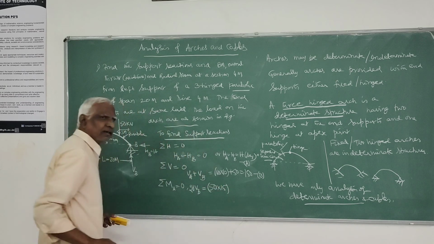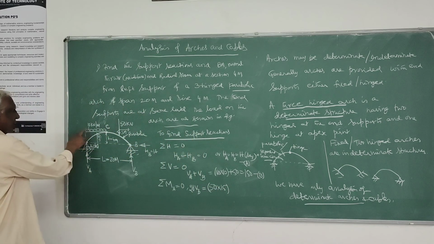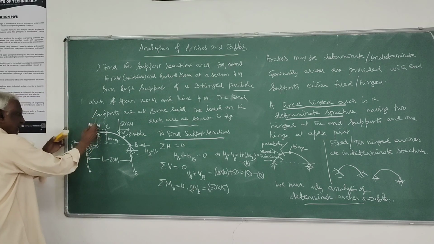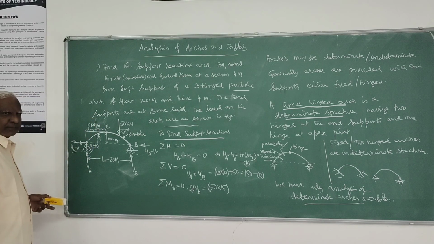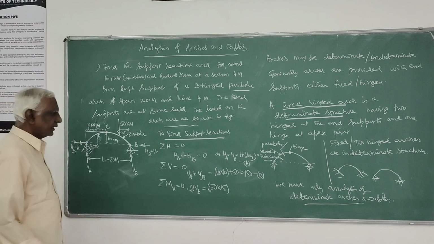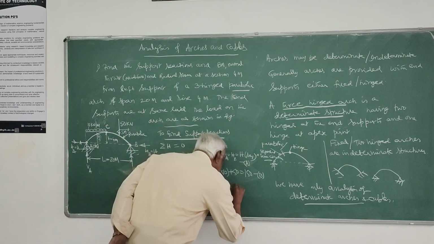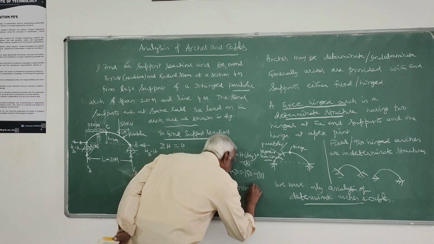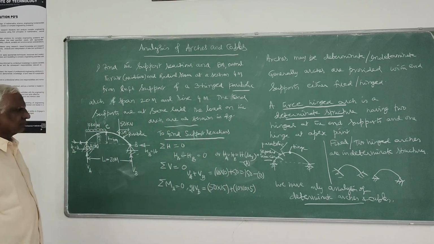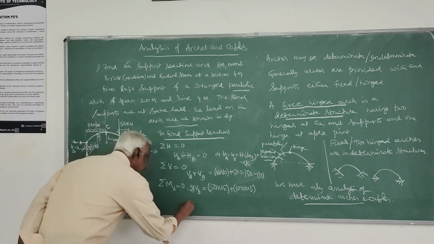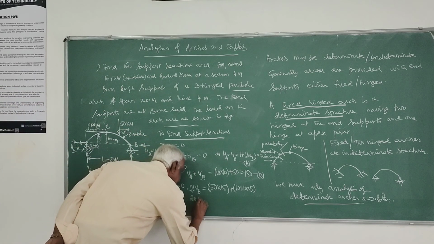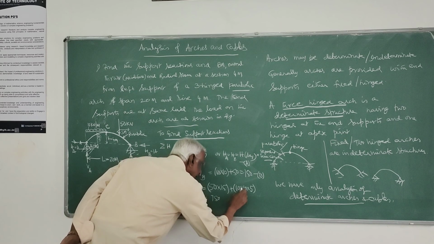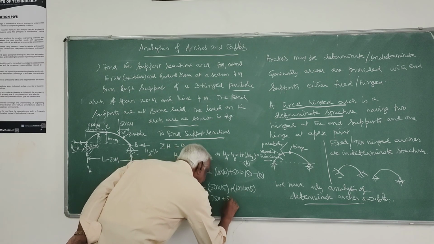Then this 10 into 10, which is acting here at a distance, again 5, so 10 into 10 into 5. So from this, 20 VB is equal to 750 plus 500.